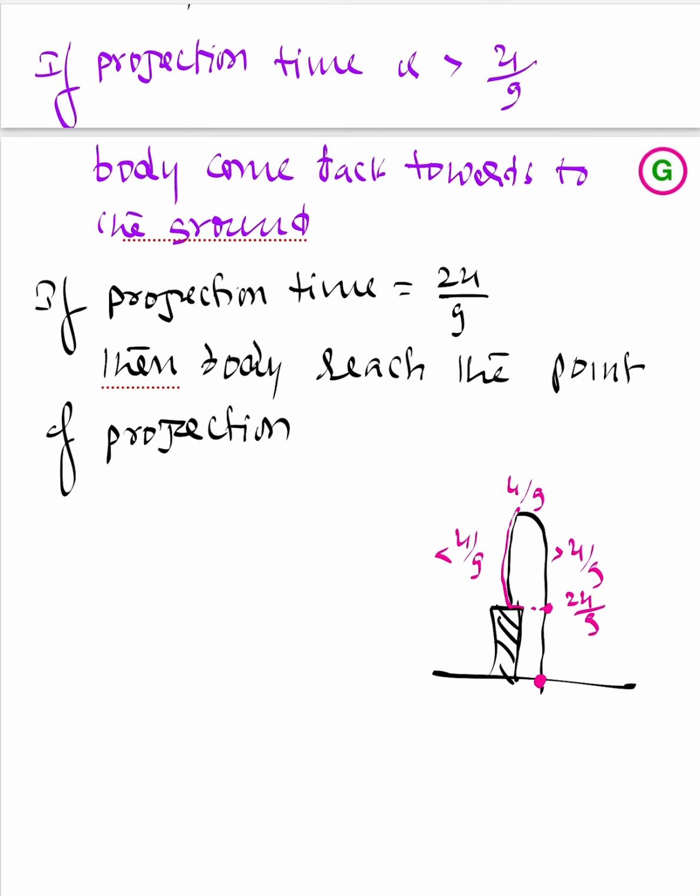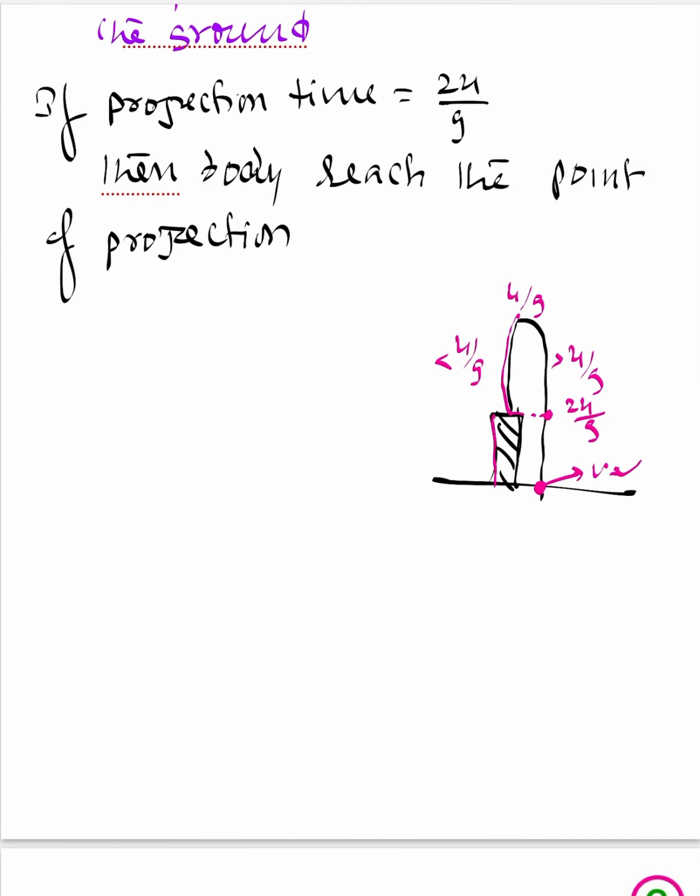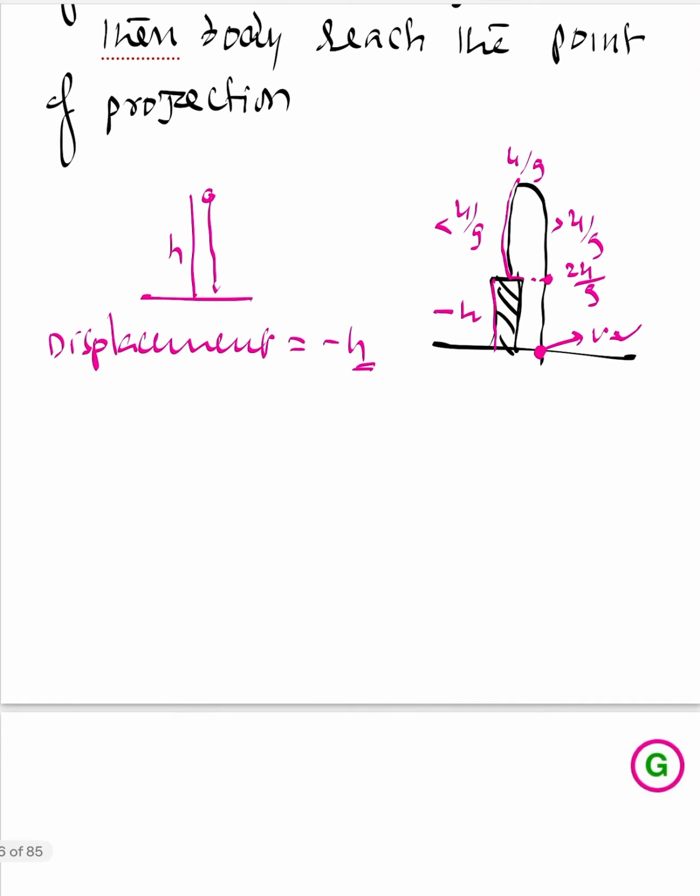When it hits the ground, it has a final velocity v. When the body reaches the ground, the displacement should be minus h, as when a body is dropped from the height h, the displacement is minus h. Then we come to the second equation of motion.